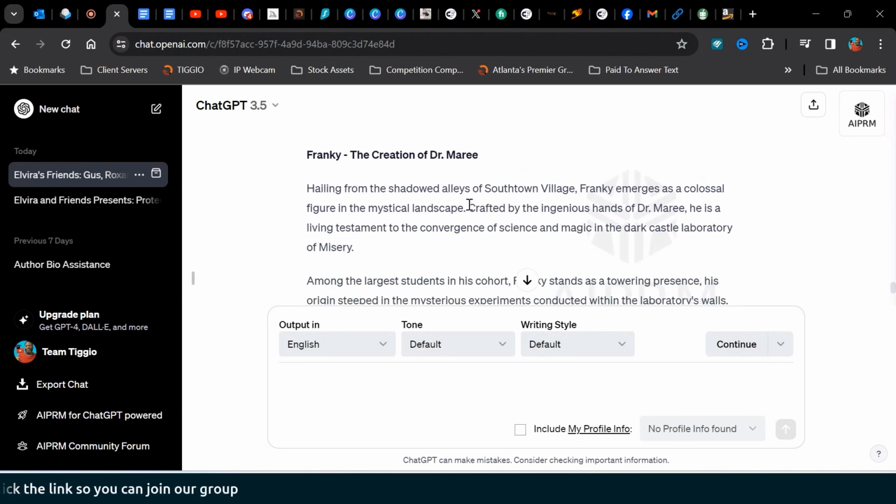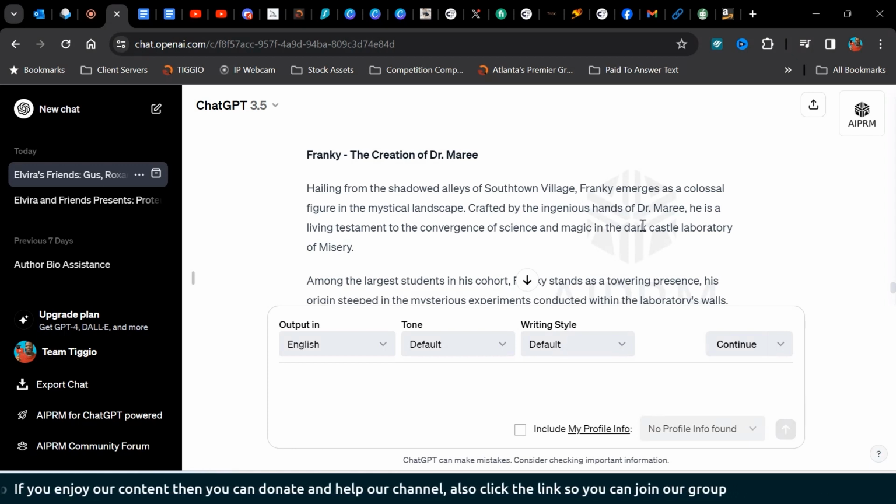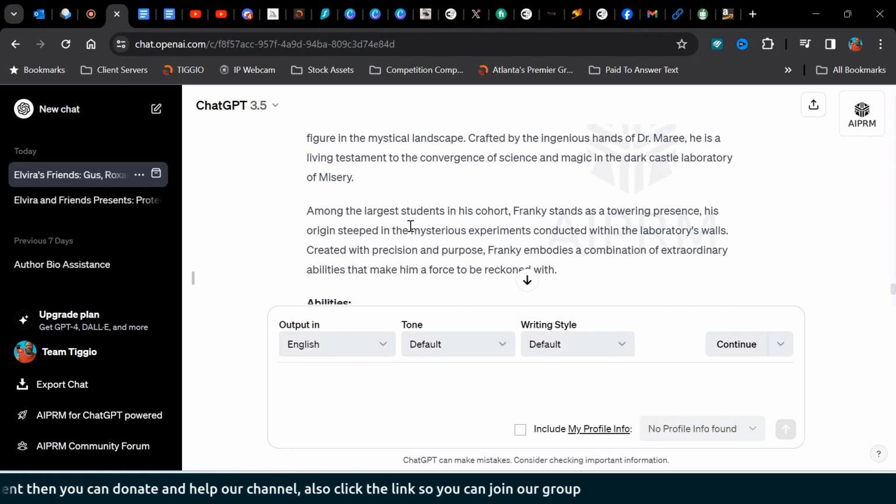Hailing from the shadow alleys of Southtown Village, Frankie emerges as a colossal figure in the mystical landscape. Crafted by the ingenious hands of Dr. Marie, he is a living testament to the convergence of science and magic in the dark castle laboratory of misery, which is true.